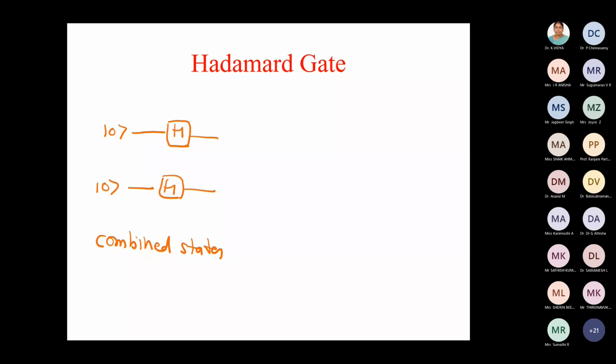I want to show you the effect of this Hadamard on this 0, 0 state. If I apply it on this state, what will I get here? I will get 1 by root 2 times 0 plus 1 by root 2 times 1, or I can write it like this, 1 by root 2, 1 by root 2. Is it okay? Here, I will get the same thing.